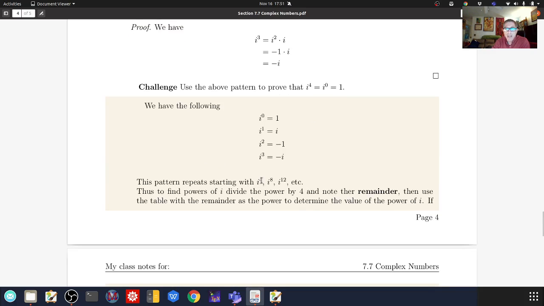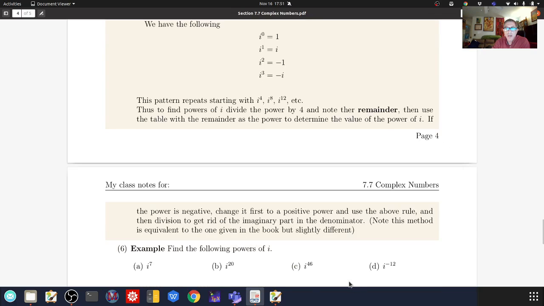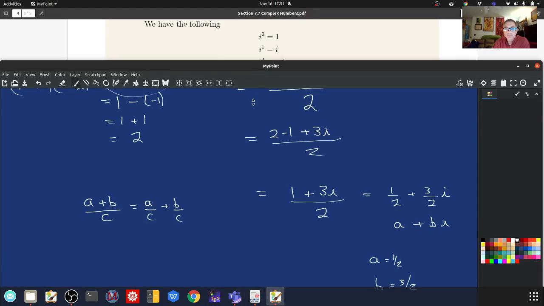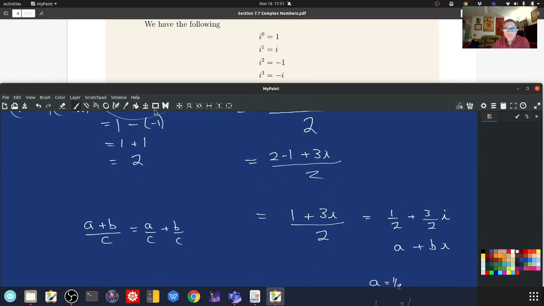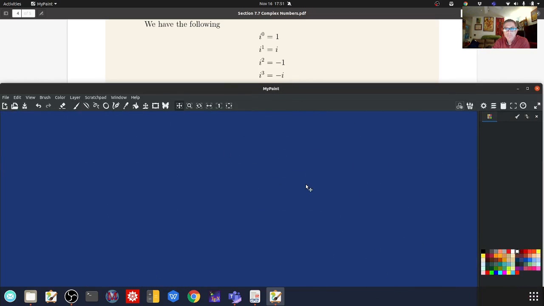So what about i to the 4th? Let's figure out what i to the 4th is. i to the 4th is equal to i squared times i squared.